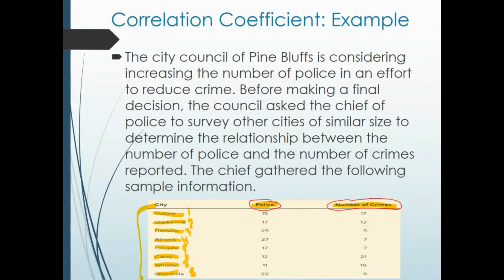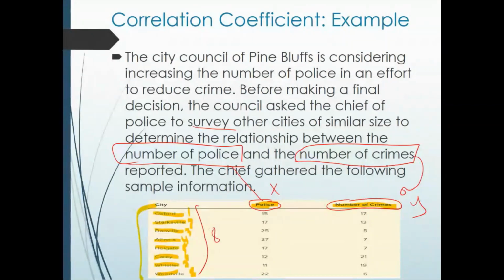Now, the exercise is telling you we're having a survey to determine the relationship between number of police and number of crimes. So police comes first, and then you're seeing whether the number of police people or cops has any influence on the crimes that they have in these particular 8 towns.